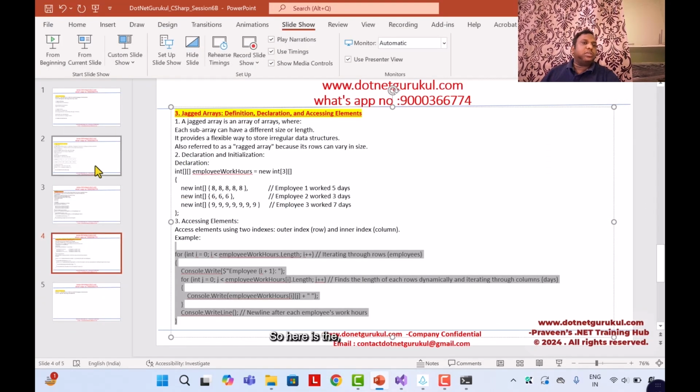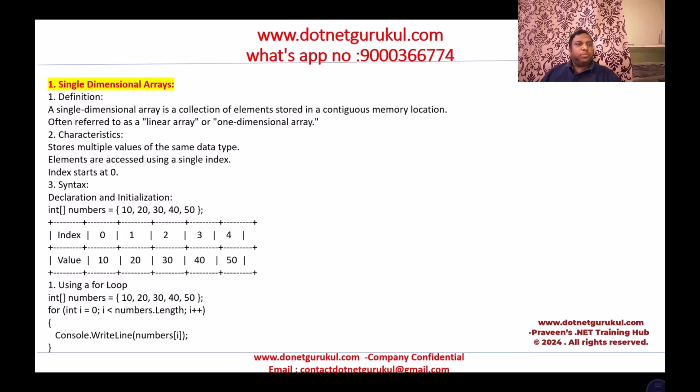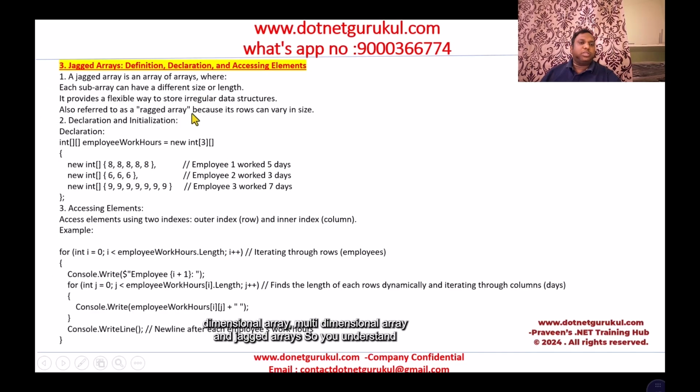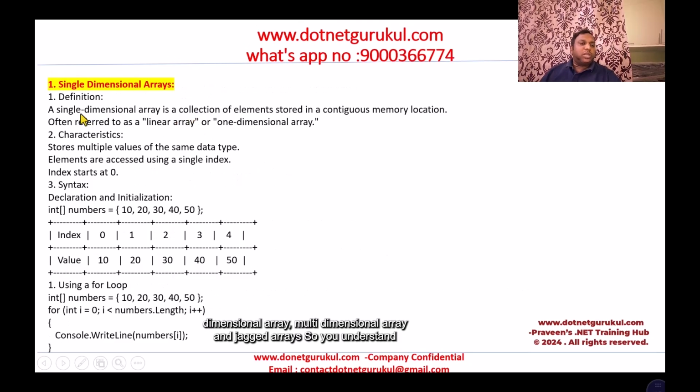So here is the way we work with the types of arrays: single dimensional, multidimensional, and jagged arrays. You should understand the storage structure, the cell values, the indexing values, and how we iterate.